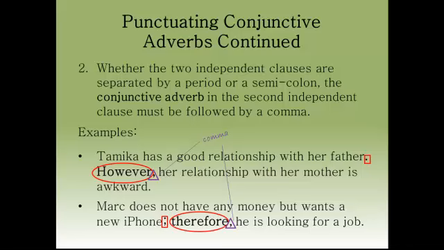So for number 3 on your conjunctive adverbs prep packet, you should have everything labeled and circled. The period should be boxed and labeled. However, in the first example, should be circled and labeled. A triangle should be around the comma, and the comma should be labeled. You need it to look exactly like it does in the previous slide and this slide in order to get your credit.